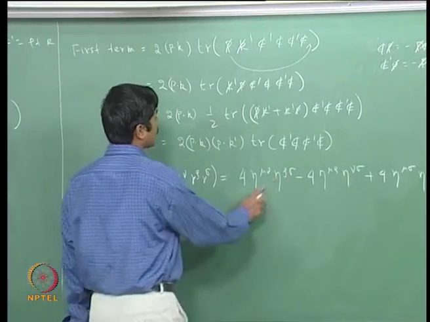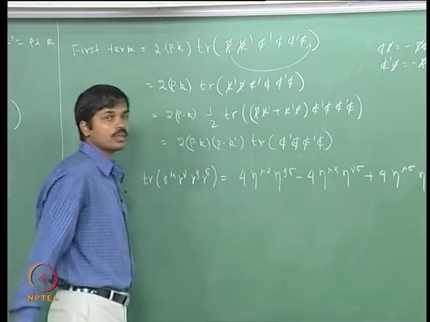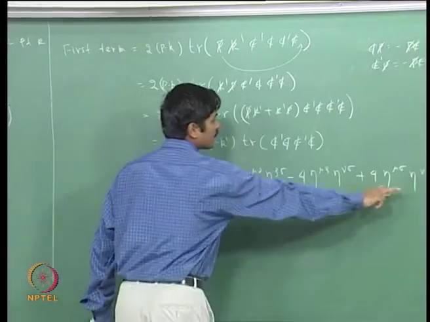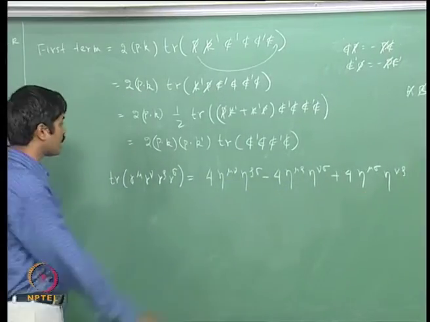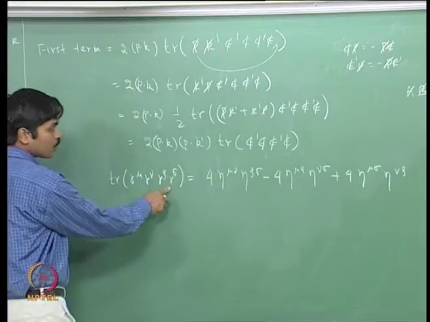So, then it is very easy to use this relation to evaluate this trace. So, let us now prove that the trace of 4 gamma matrices is equal to this, and then we will use this relation to evaluate this trace. It is very easy to prove this.